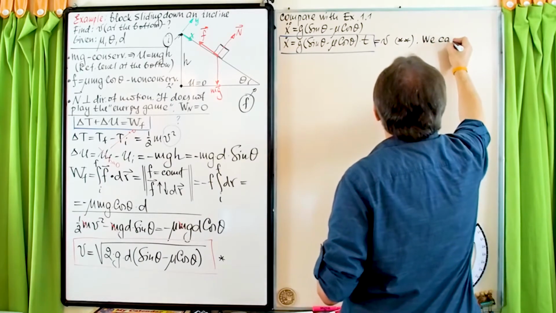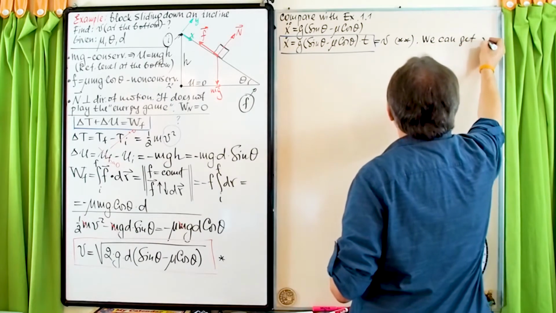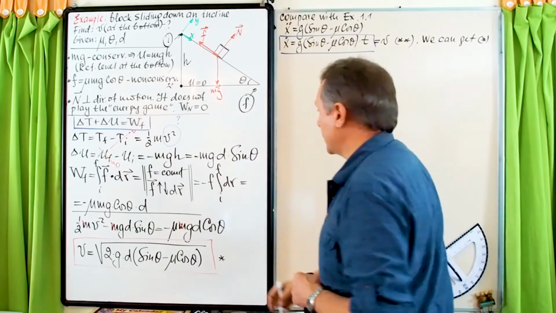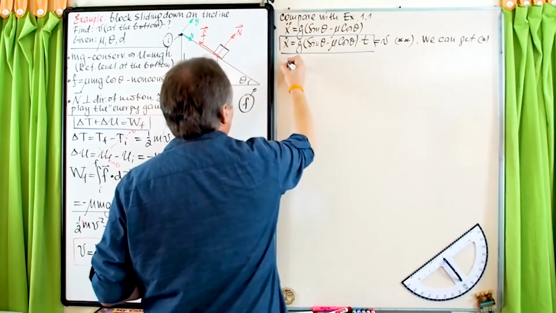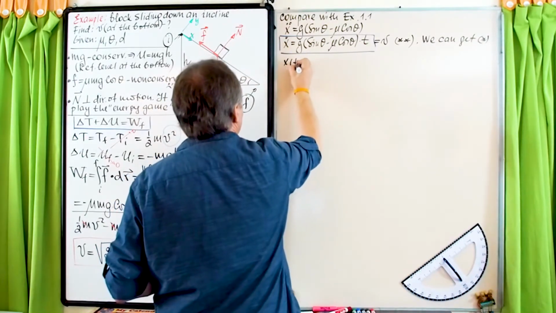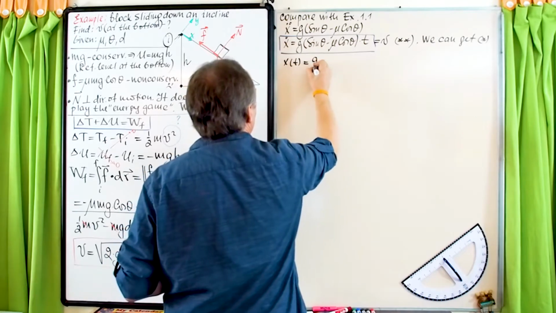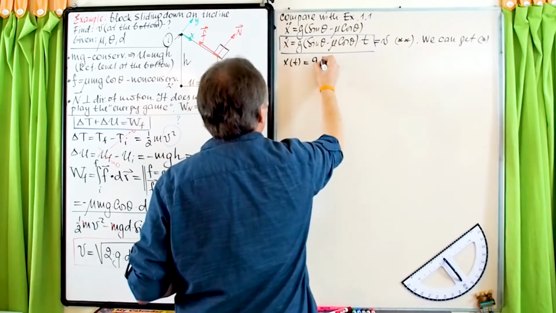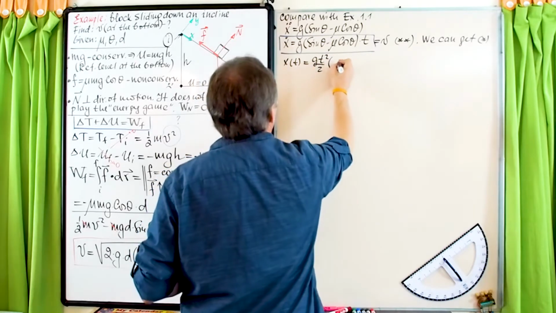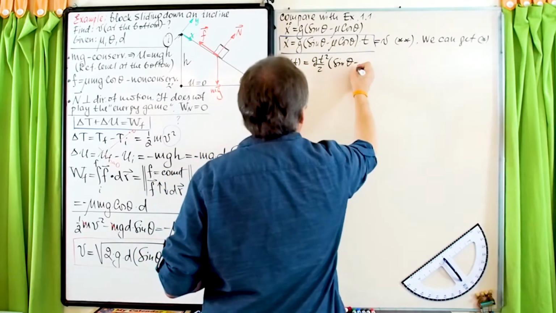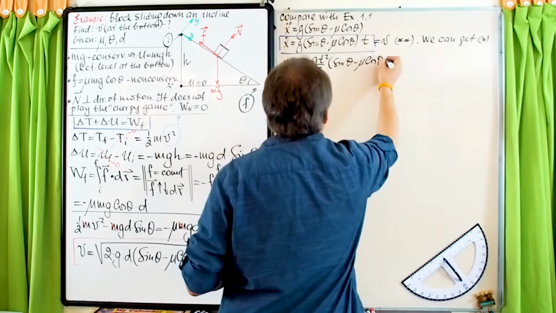First of all, we will have to integrate one more time. x is a function of t, so you need to integrate one more time. So it will be g t squared over 2 times sine theta minus mu cosine theta.